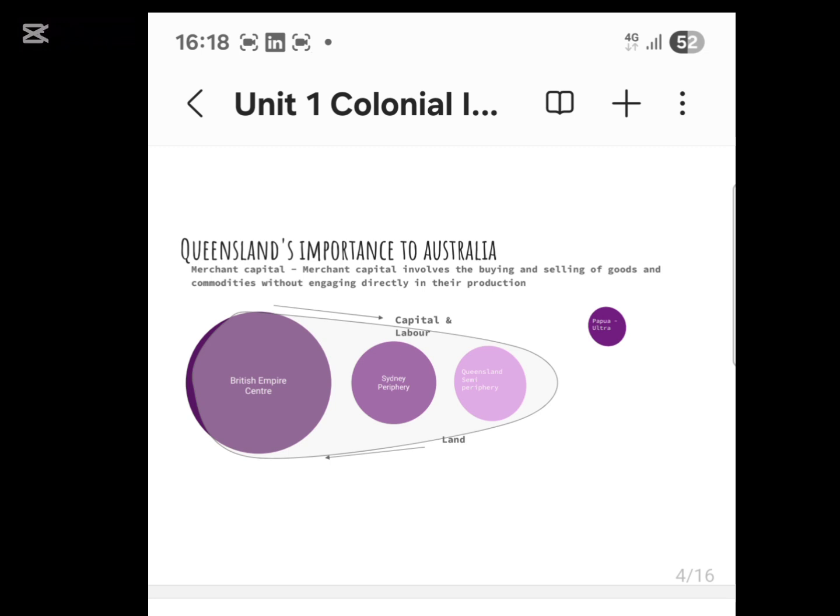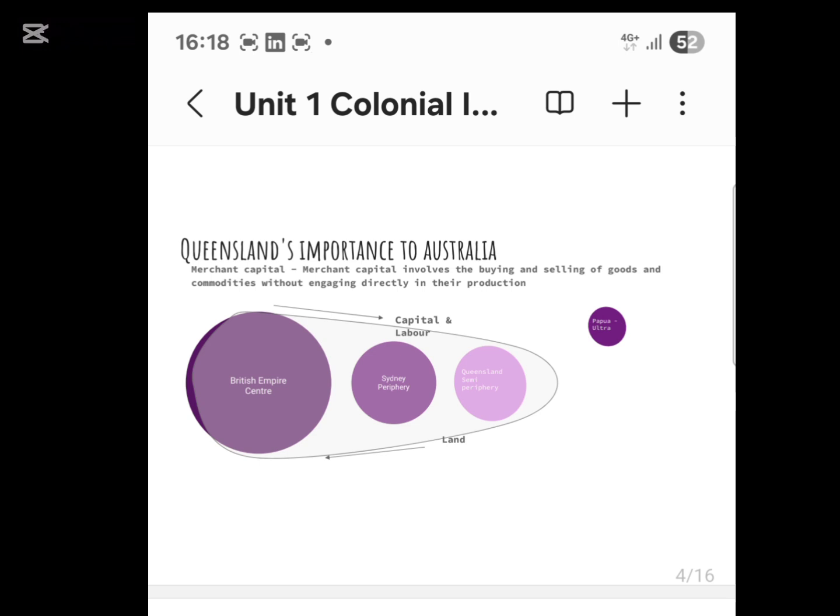So the periphery depends on the center for economic development. But here is that you will see that the ultra periphery is outside of the relationship here. That is where Papua is, and later New Guinea. It's not within this relationship or within this boundary here.